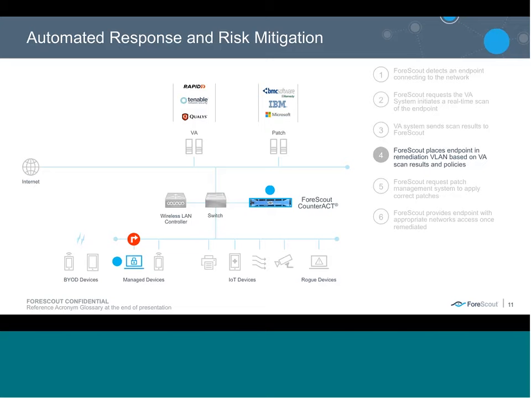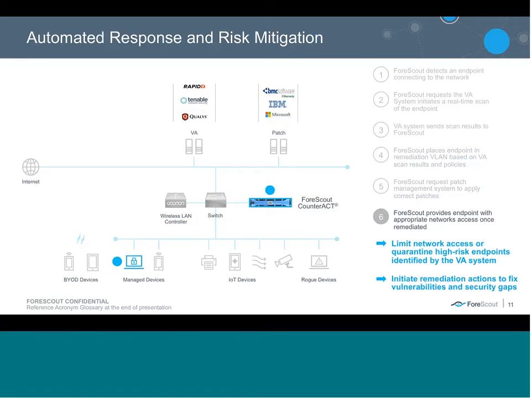Once it's in the quarantine or isolated network, ForeScout can request a patch management system to apply the correct patches. It can request another system to go and remediate a vulnerability, but it can do basically whatever the policy asks it to do based on the situation with the endpoint.